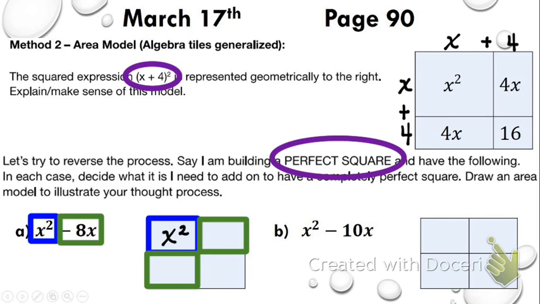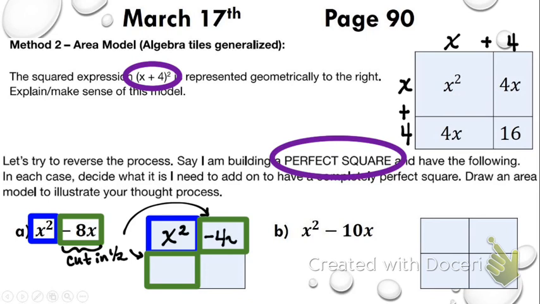I want the two sides to be exactly the same. Yes, one of them will be 4, the other one will be 4. In this case, negatives, right? I'm going to take whatever they gave me. I'm going to cut it in half. And I'm going to put half in each of these. One would be negative 4, right?